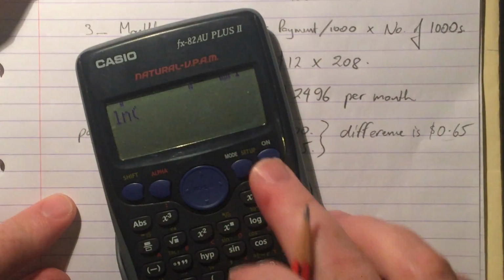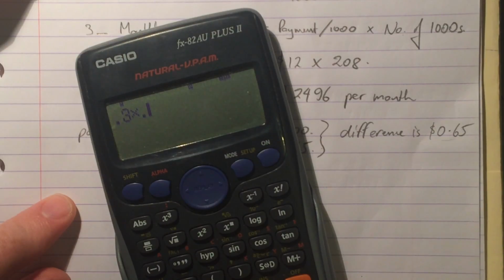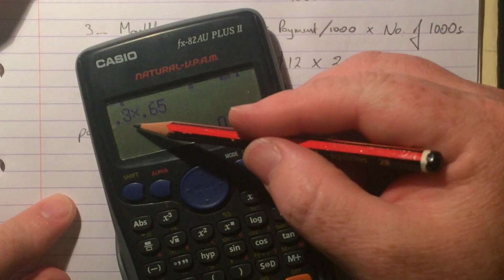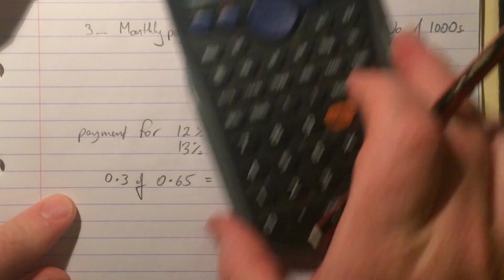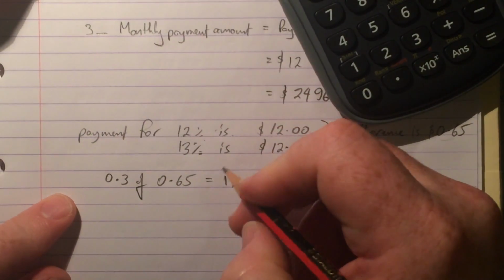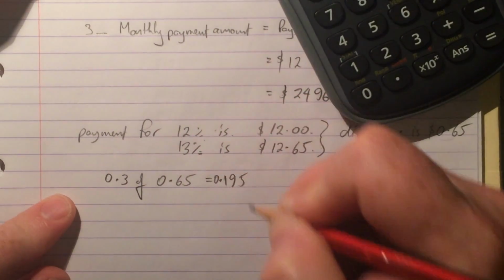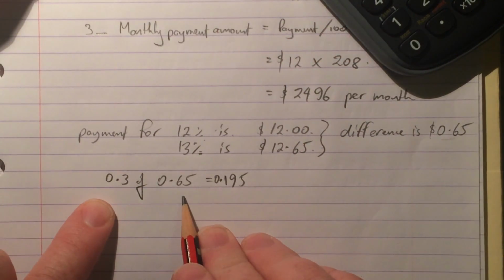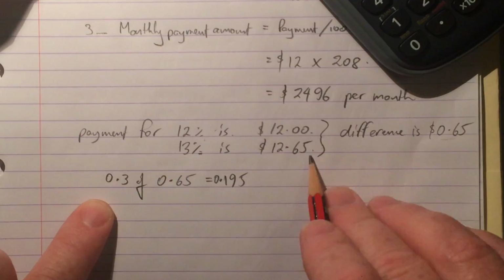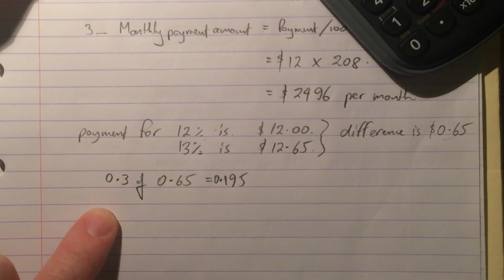To do that, we just multiply 0.3 by 0.65, and we get 0.195. So 0.3 of 65 cents, the difference between 12 and 13%, is 19.5 cents, $0.195.